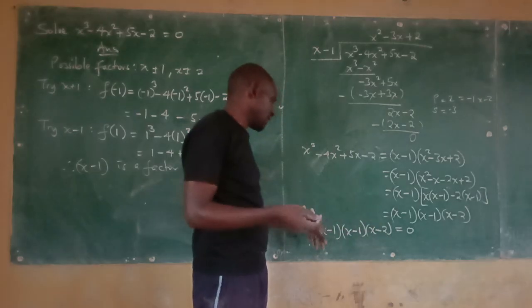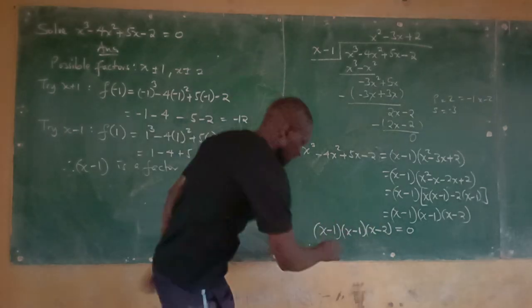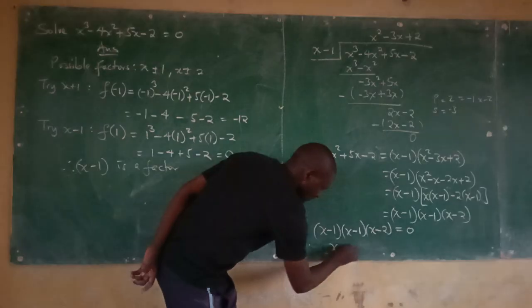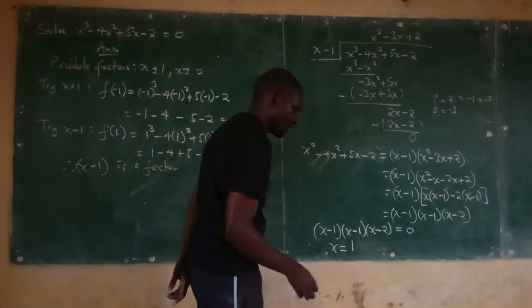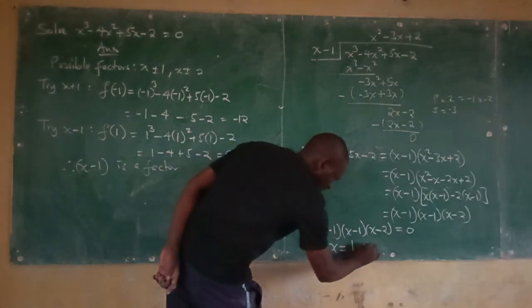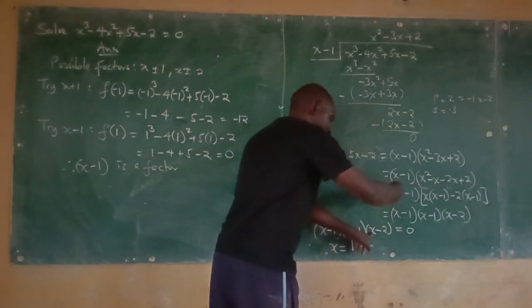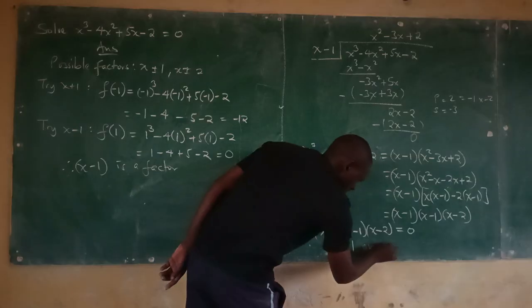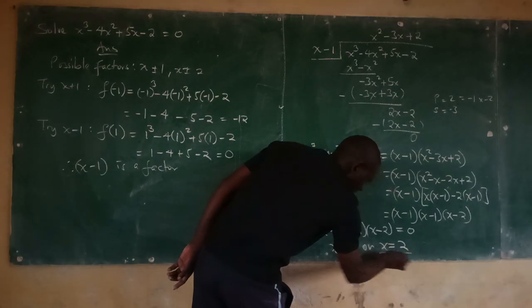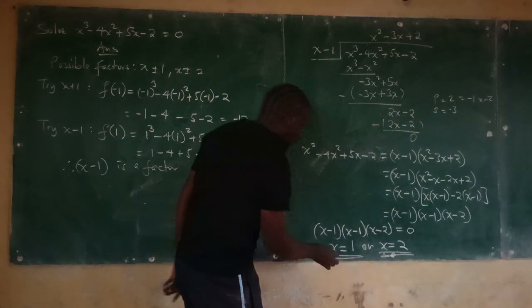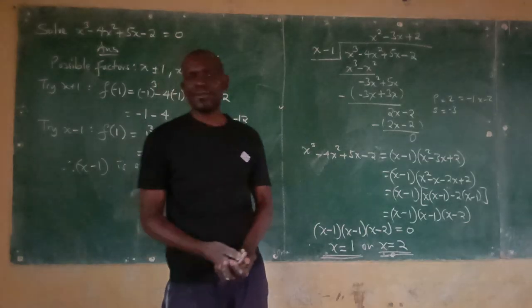So x minus 1 equals 0 gives us x equals 1. It's repeated, so I won't do it again because it's the same value. Then x minus 2 equals 0 becomes x equals 2. That is how we solve that equation.